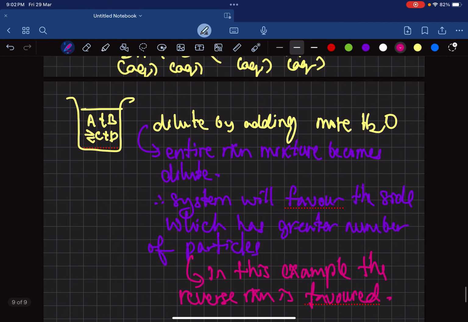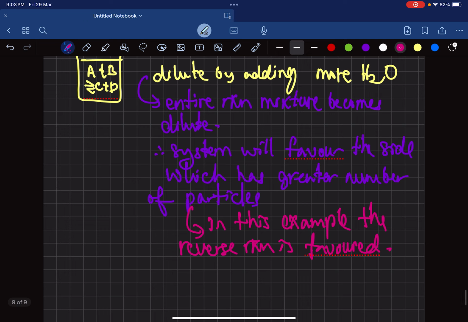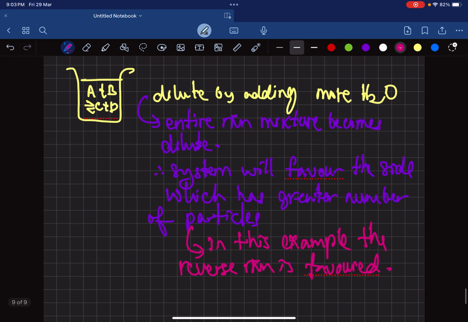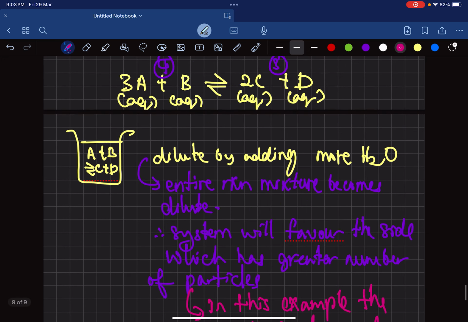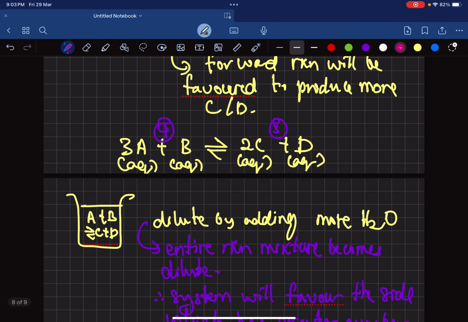So if we dilute it by adding more water, and if you remove water, let's say you put it under the sun and you just boil it, remove water, what will happen is we are concentrating the system. So when we concentrate the system, the system will favor the side where there are lesser particles. That means when we remove water from the system, we are concentrating it, it will favor the forward reaction where there are less particles.